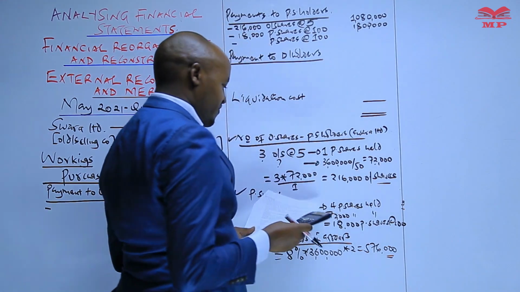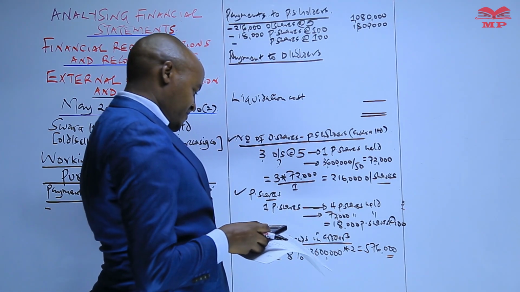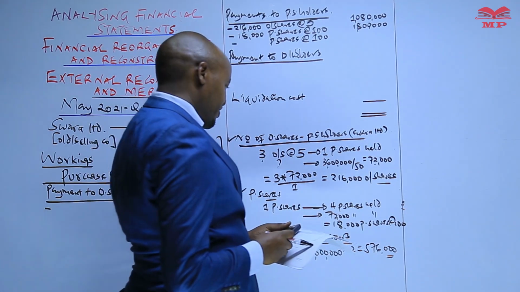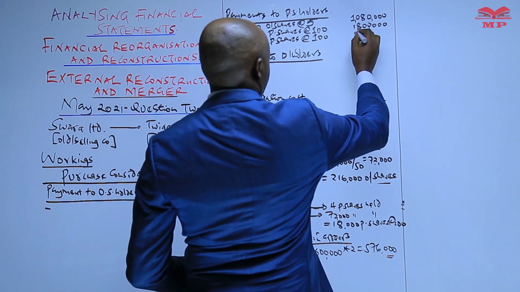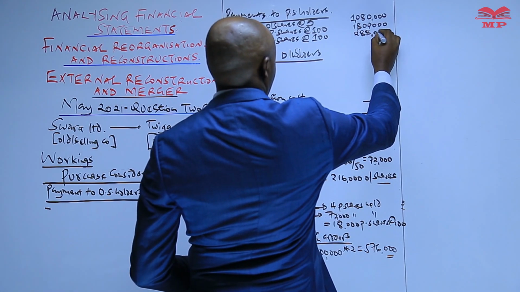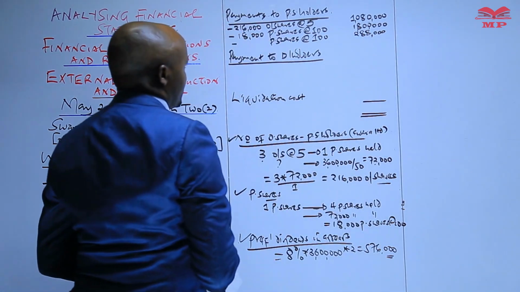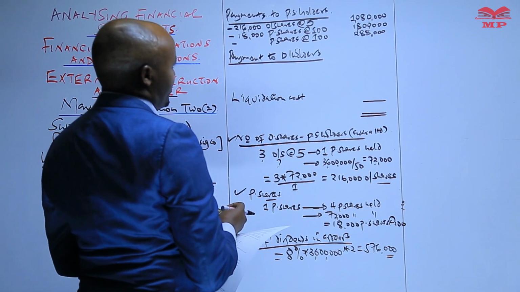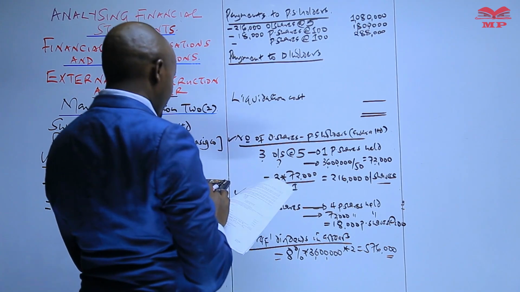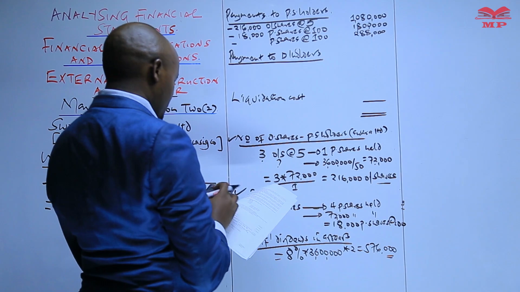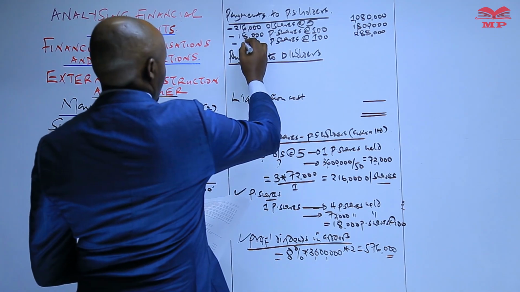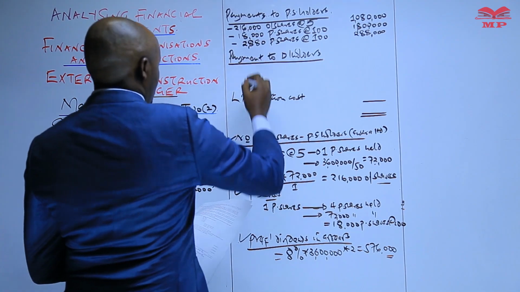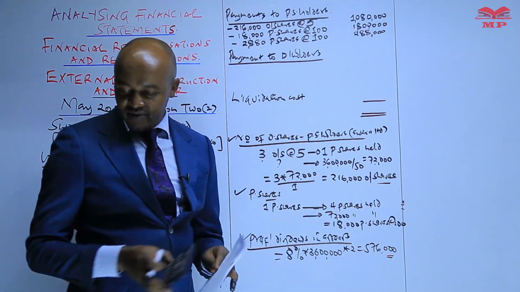Half of 576 is 288. So that is the amount which will be paid to them by being issued with fully paid preference shares having a par value of 100. And in that case we can just determine the number of preference shares to be issued to them, which will be 2,880. So we are done with that point.